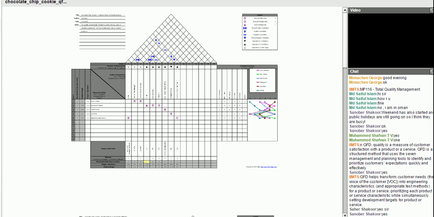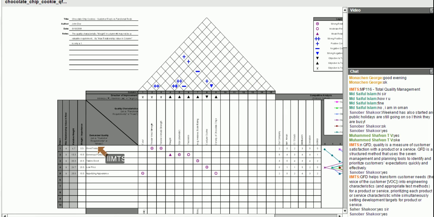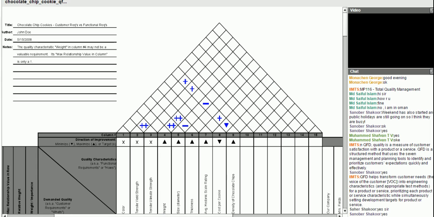Yeah. Can you see now? It's not very clear. Let me make it bigger. Yeah. Can all of you see the chart? Yes or no?